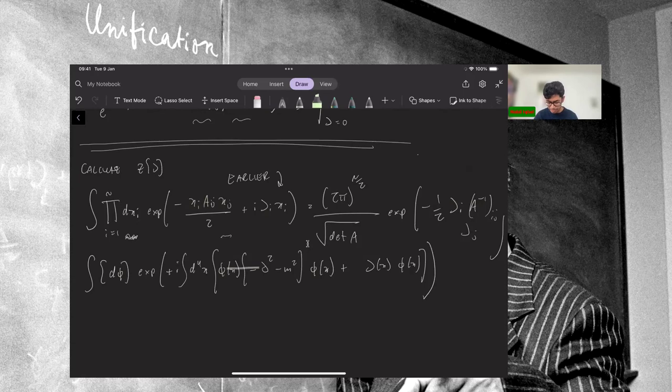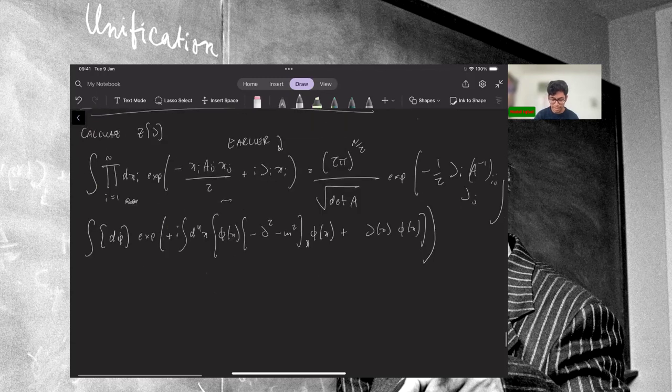There's a quadratic piece here, which is like this quadratic piece here, except that the operator A is not really a matrix, it's a differential operator, but it's still a linear operator. It's basically the same idea. So in fact, we can directly use this formula to calculate this, and the basic idea is that this is just an infinite dimensional Gaussian integral.